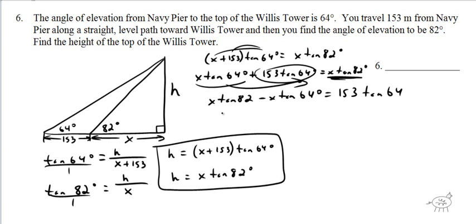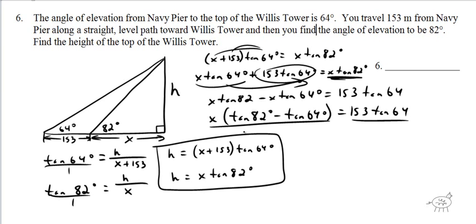Then I'm going to factor an x out, so x times (tangent of 82 minus tangent of 64) equals 153 tangent of 64. Then I'm going to divide both sides by tangent of 82 minus tangent of 64.